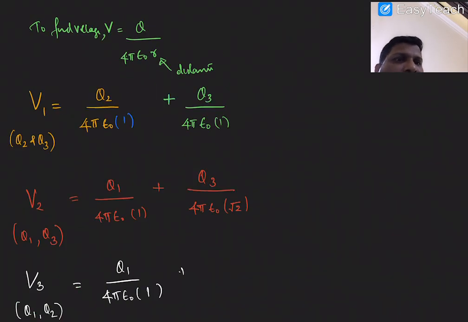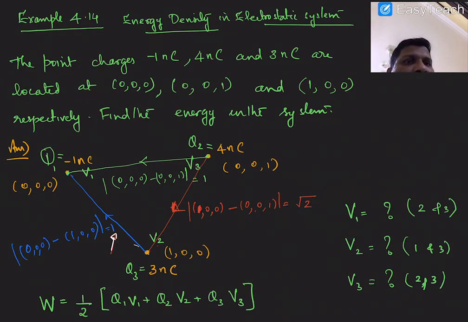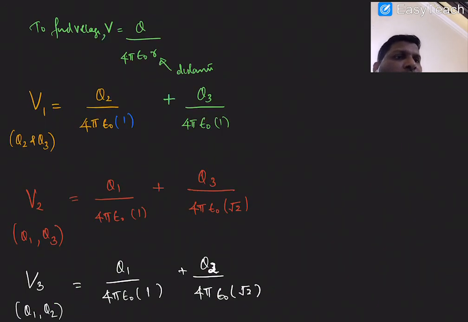Then plus Q2 divided by 4 pi epsilon 0 into the distance between 2 and 3, which we have already found, it is square root of 2.